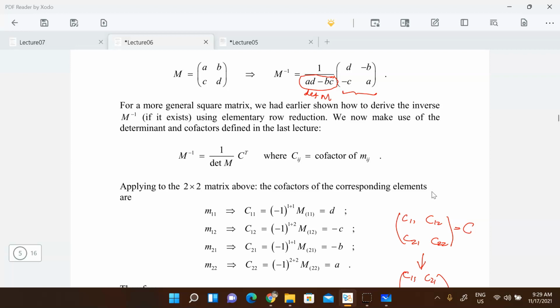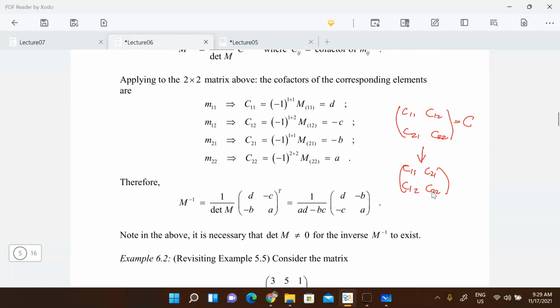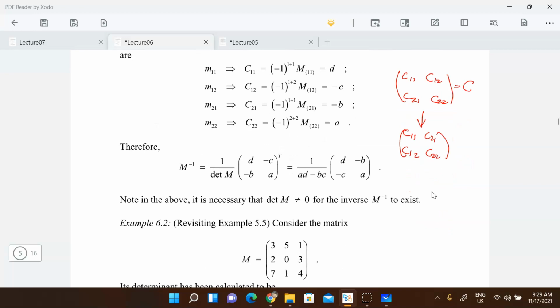So it's not here, it's here, but not here. In other words, you have to transpose this in order for it to be in the right position, and essentially that gives you the M inverse that you know. And this is the special case of 2 by 2 matrix.